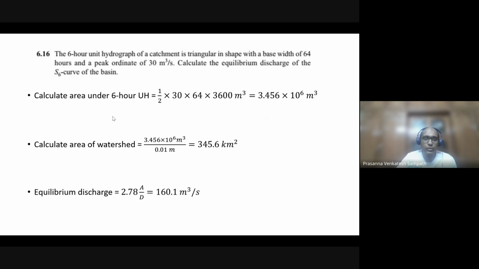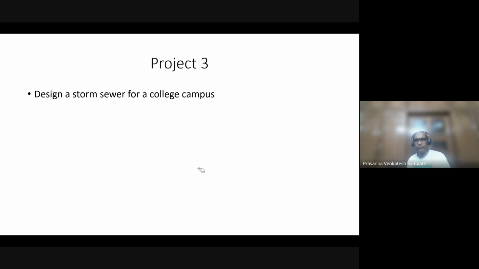We will just move on to the next, I won't say topic, it's the next project that we are going to have to do. Each group is going to design a storm sewer for a college campus, right?